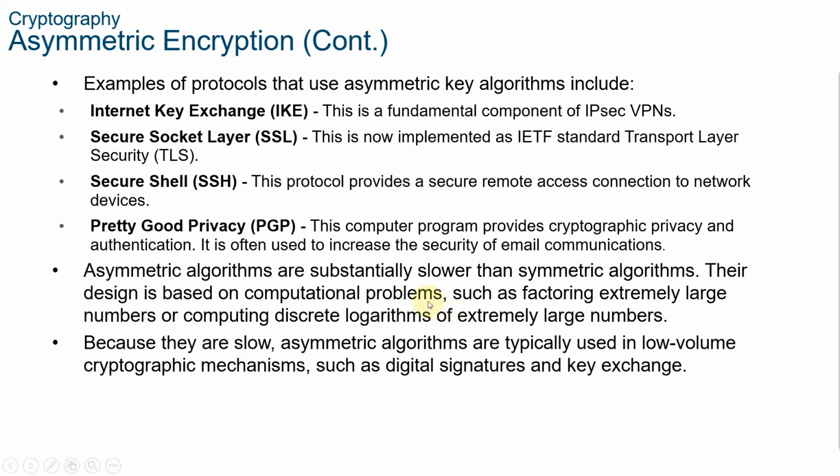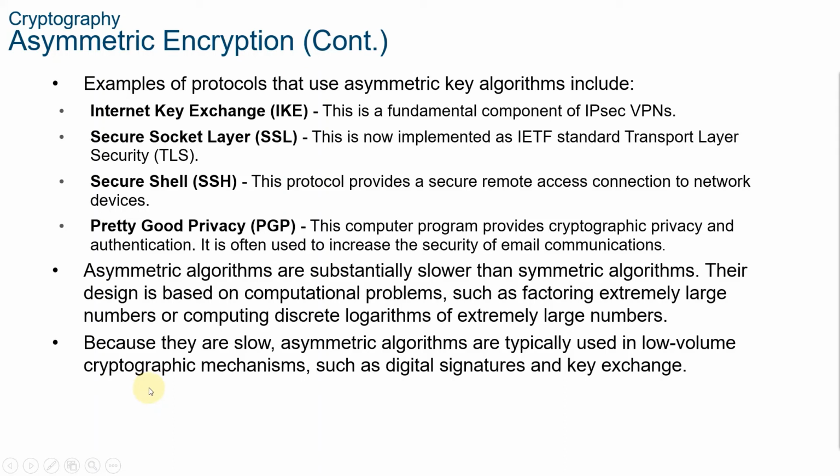So asymmetric algorithms are substantially slower than symmetric algorithms. Their design is based on computational problems such as factoring extremely large numbers or computing discrete logarithms of extremely large numbers.